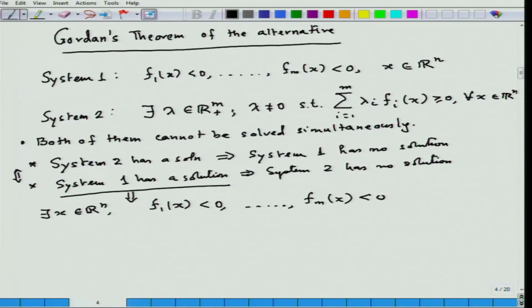So, on the contrary, assume that system 2 has a solution. I am taking the opposite assumption and then proving that there will be a contradiction. Assume that system 2 has a solution.